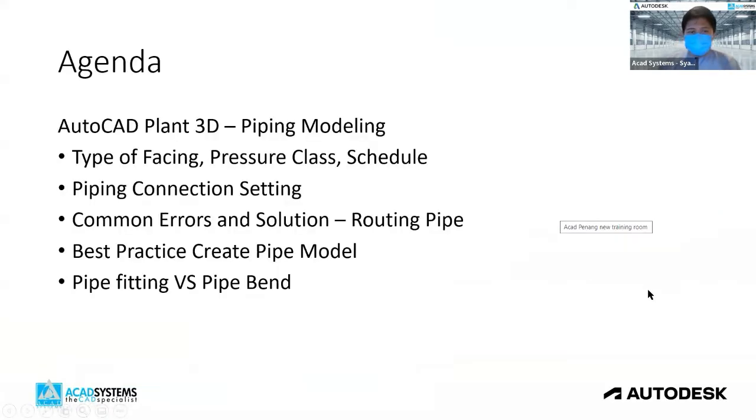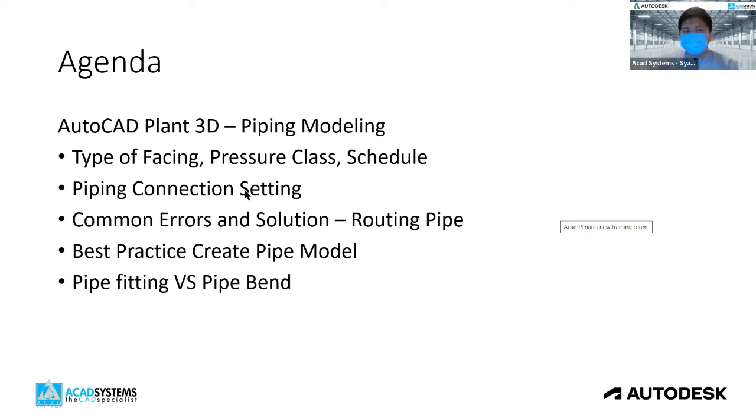For this topic, our agenda is to cover what is inside piping modeling. The first one is the type of facing, pressure class, and schedule. The second topic is piping connection setting.